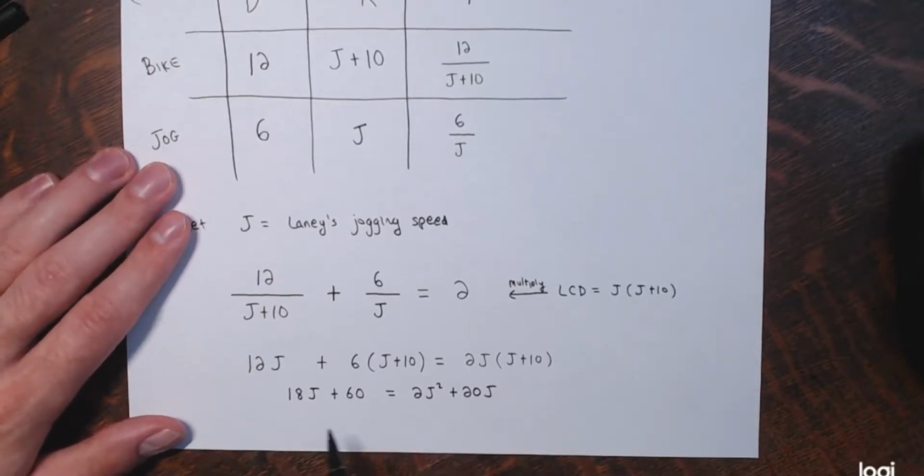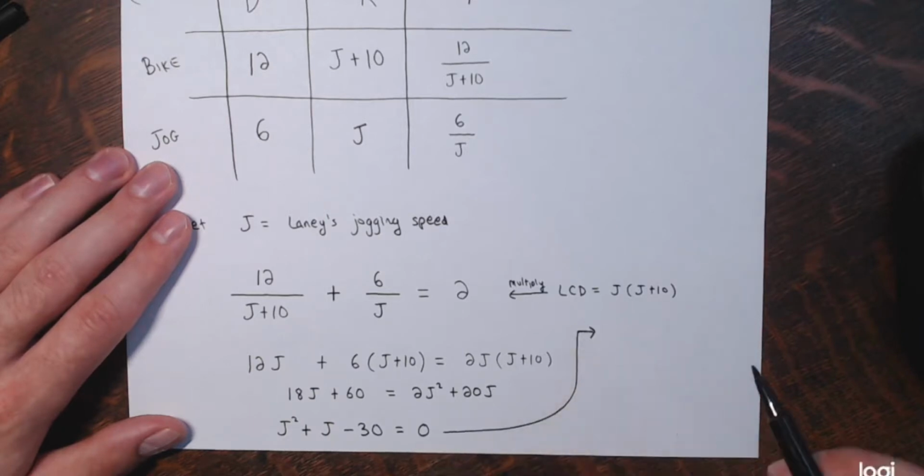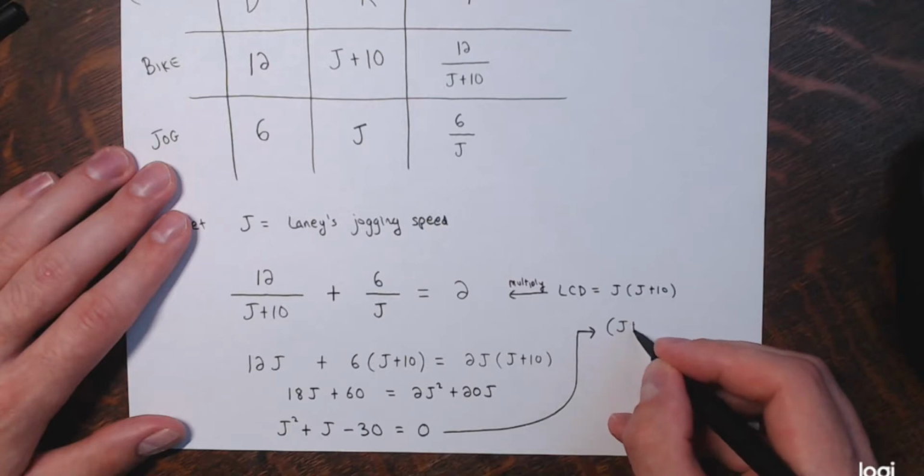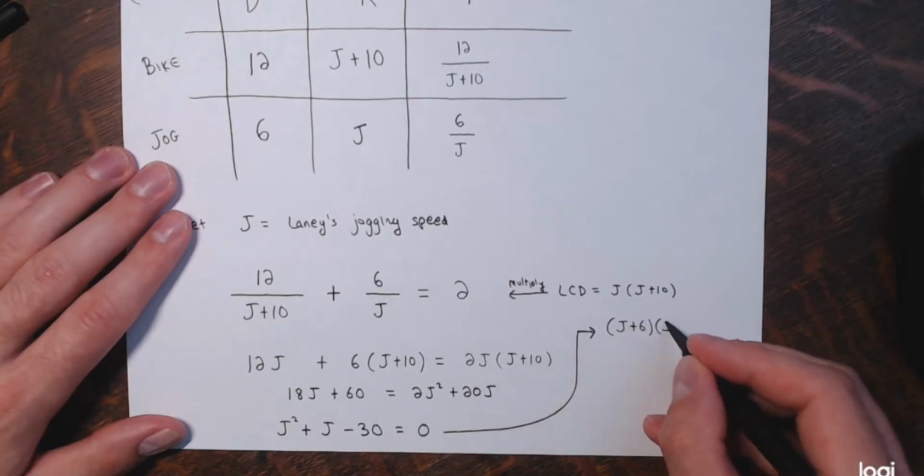We'd have J squared, and if I divide by 2, this would be 10J, this would be 9J, and I would subtract the 9J to make plus 1J. And then this would be 30, and I'd subtract that, and we got minus 30 equals 0. Sorry for the clutter here, but I just don't want to bring in a new piece of paper for this. And J squared plus J minus 30 factors nicely. That factors to J plus 6 times J minus 5.